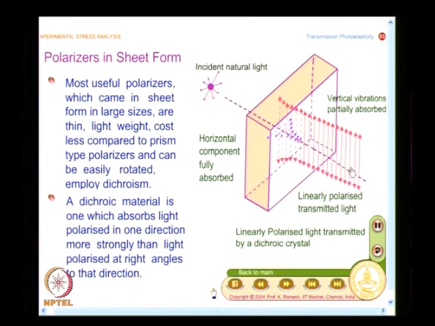So, I have this plane polarized, horizontal component is fully absorbed, vertical vibrations partially absorbed. So, I get a linearly polarized transmitted light. So, it is useful information. I have a dichroic material, that is useful information. You make a neat sketch of this.